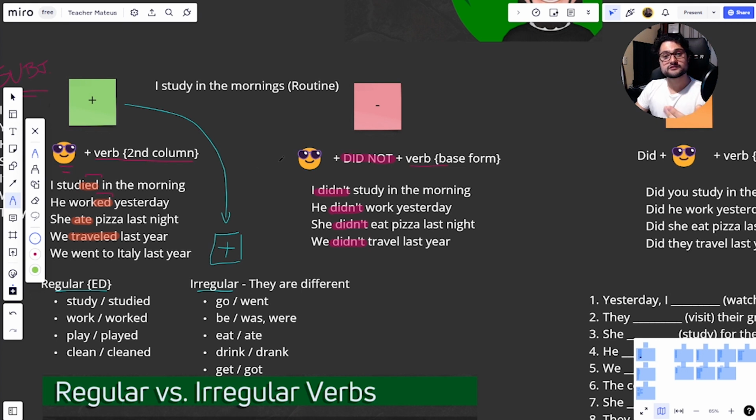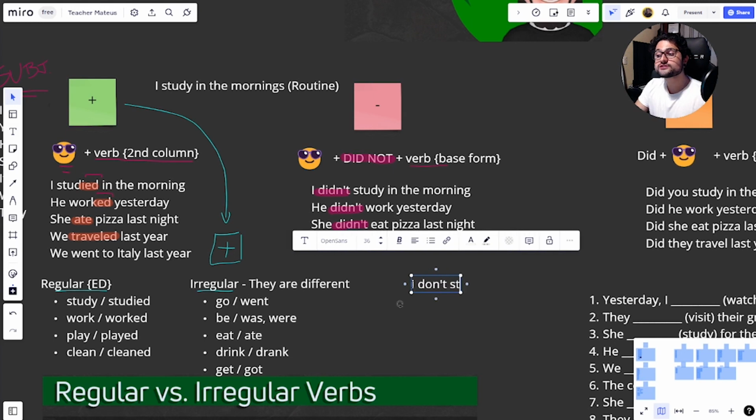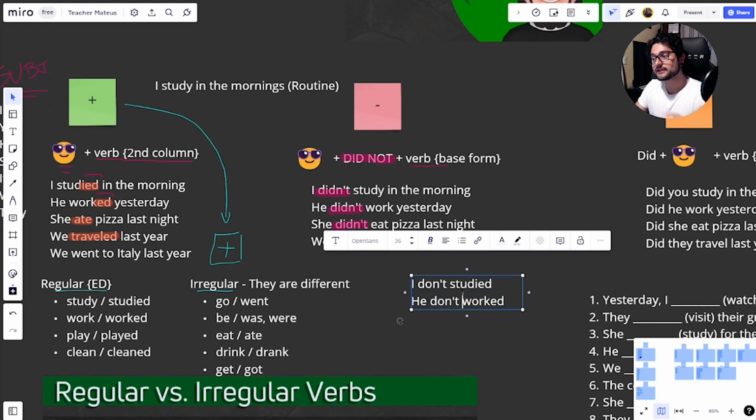Because in negative, the verb doesn't change. I just say, I didn't study. And then perceive, guys, that I don't say, I don't studied. That's not very good, is it? I don't studied. He don't worked. Yeah. We don't conjugate the verb. We conjugate the auxiliary.